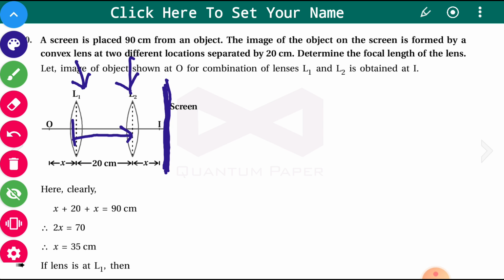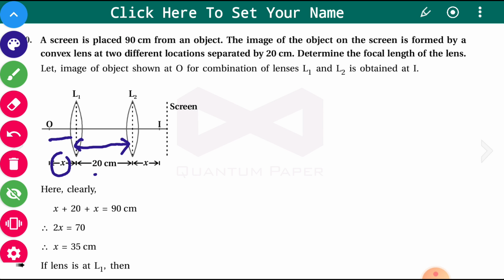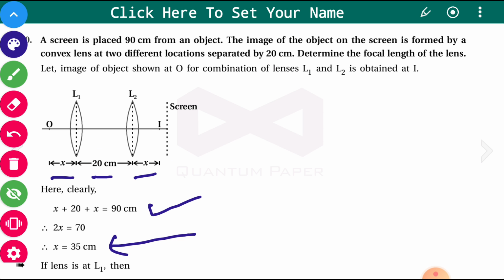You are shifting the lens from one position to the second position. Now if this distance of the object is taken to be x, and the separation between the lens positions is 20 centimeter, then if the screen is not displaced, the image position is here only, so this distance has to be x. So x plus 20 plus x is equal to 90, so x you will get 35 centimeter.